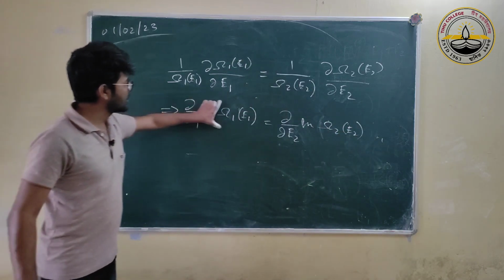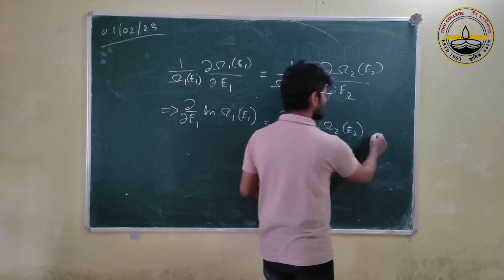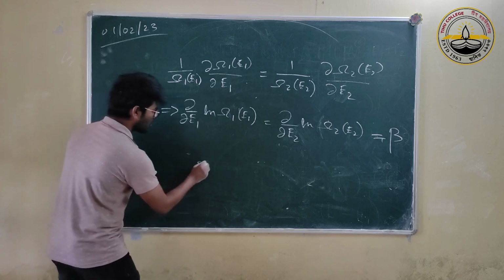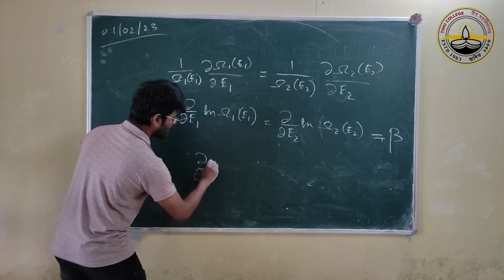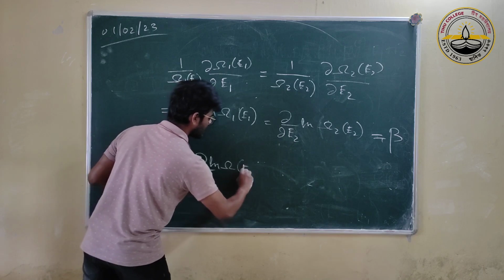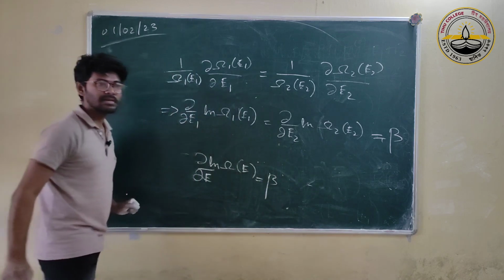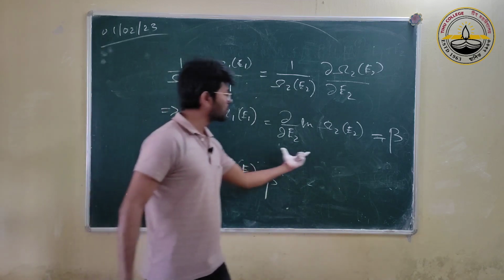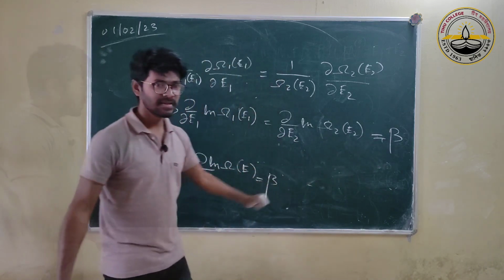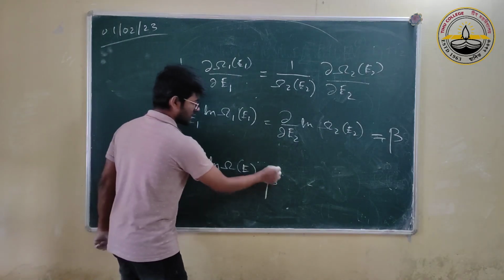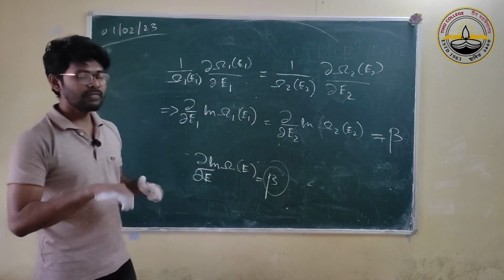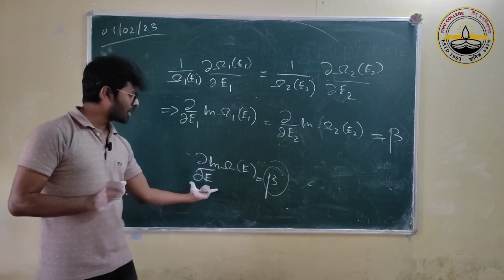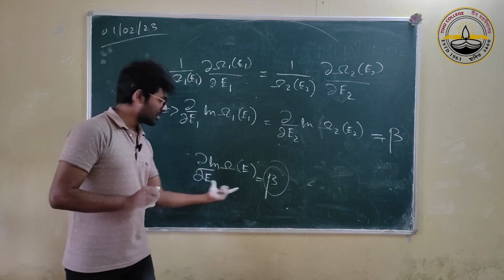Which means this quantity is some constant. What quantity? del E ln of omega of E. This thing of 1 equal to this thing of 2, so it's constant. Now what is that constant? This means we found that equilibrium happens when this quantity, whatever it is, we don't know, becomes a constant.